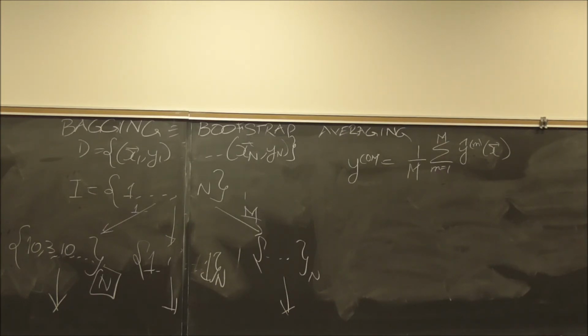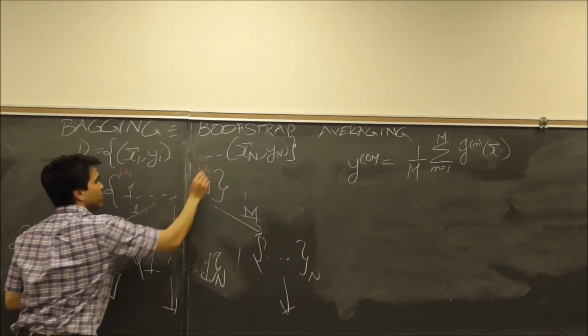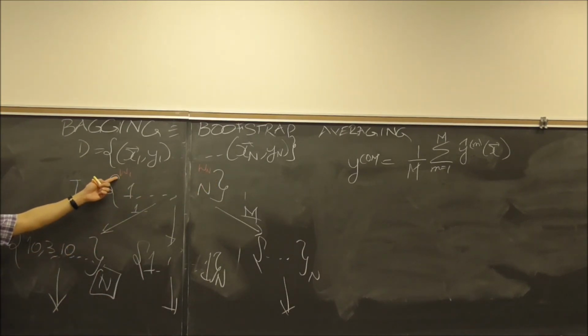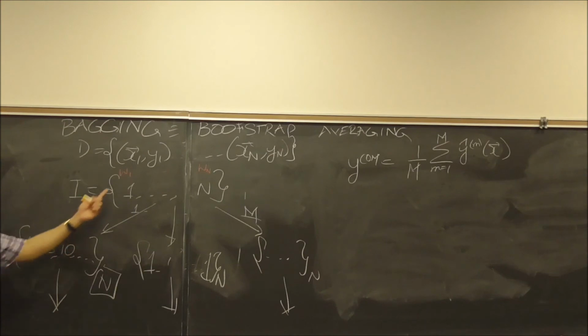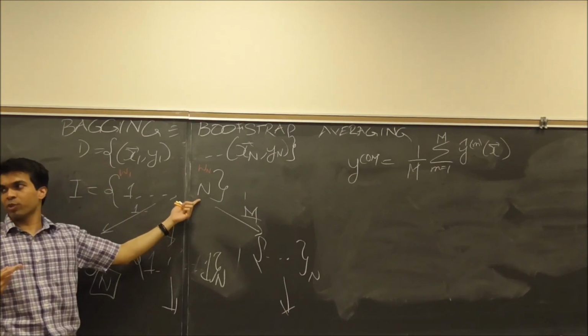Because another way of thinking about this is instead of thinking of this as repeated data points, you could think of this as assigning a weight, w1 all the way till wn. And this weight is an integer going from 0 through however many times the point was sampled. So if I sample it twice, this weight becomes 2. So this is a weight associated with each of your training data.